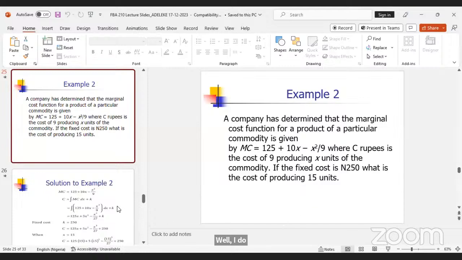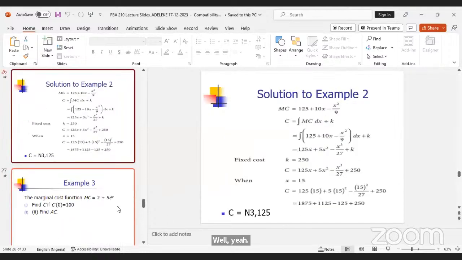So again, we have our marginal. So to get the total, you will integrate. After the integration, you should have 125x plus 5x squared minus x cubed all over 27.